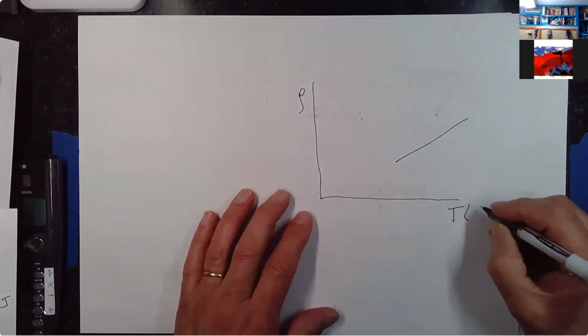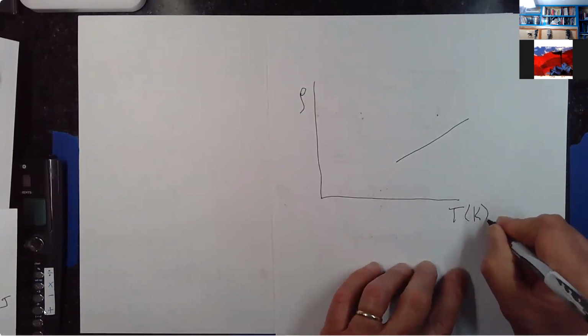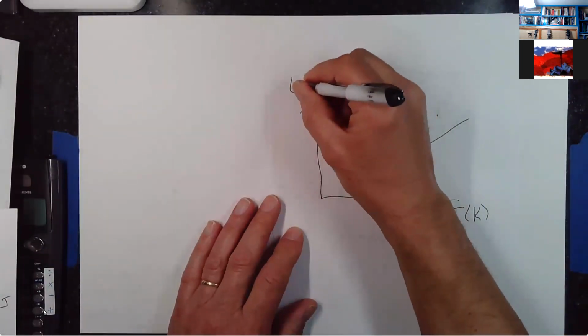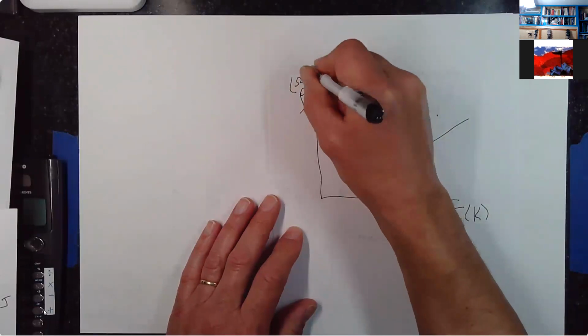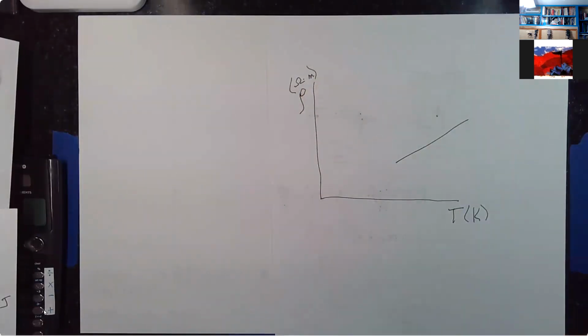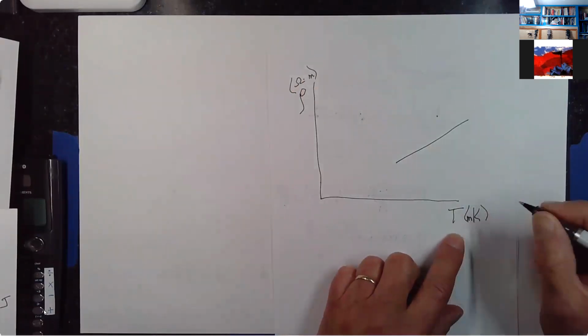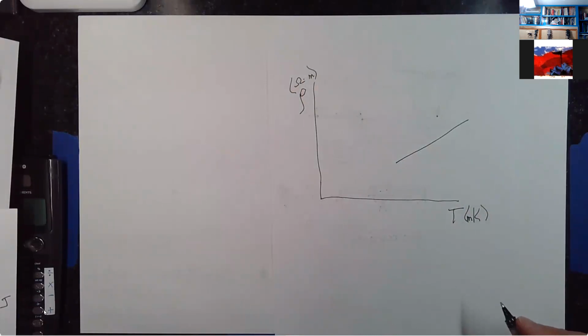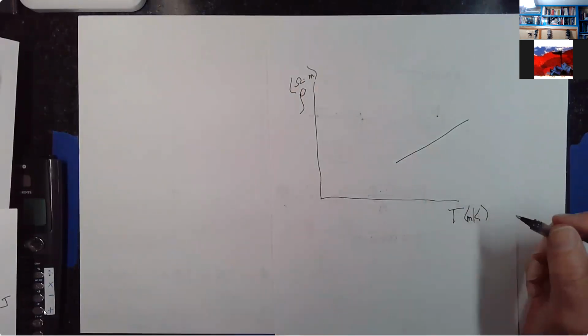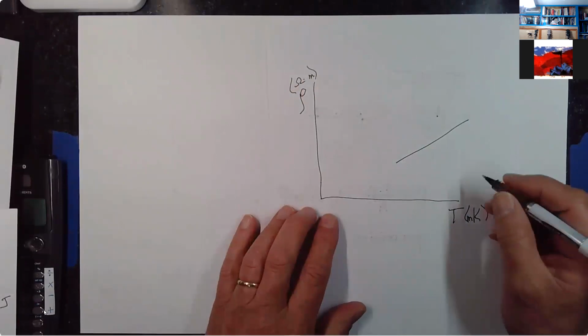This would be temperature in Kelvin, and resistivity in something like ohm meters or whatever it happens to be. And in the lab they were working in, they were actually dealing with temperatures of millikelvin. And so they were under 1 Kelvin of temperature.